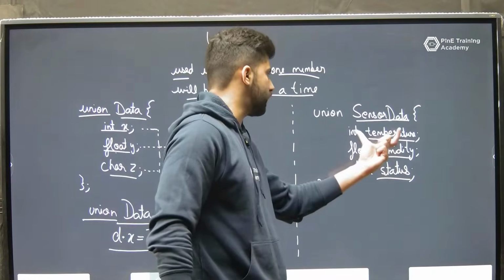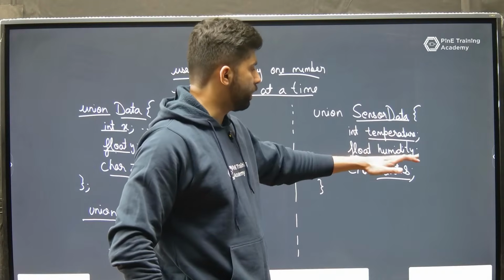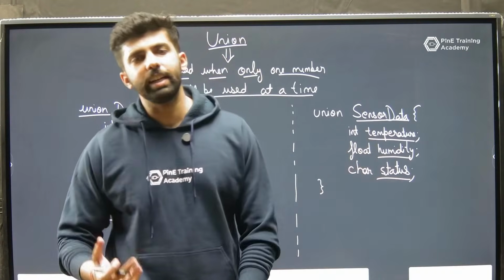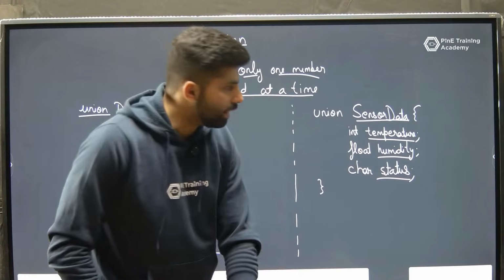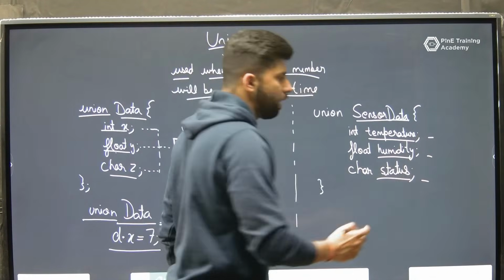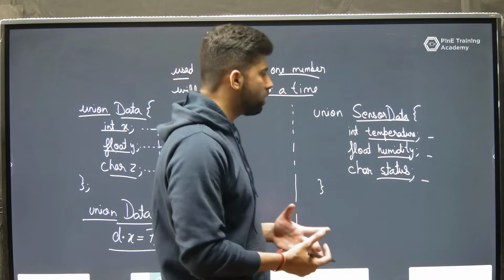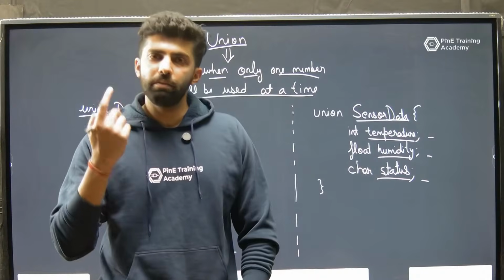You either want to check the temperature of the sensor, or the humidity level, or the status. In this case, having the value in all three of them at a particular time is not useful, right? Because at one time you need only one thing from the sensor.